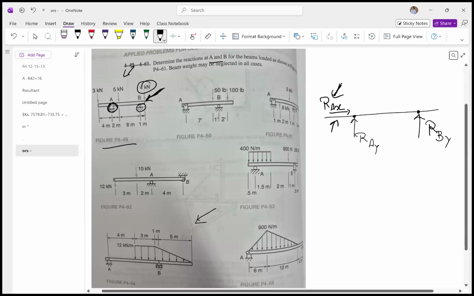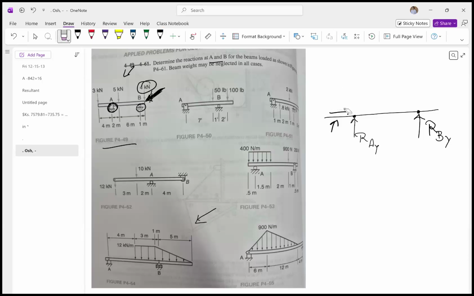If you see in the solution book, there is no Rx because there is no inclined load, nothing acting in the horizontal direction, everything is acting in the vertical direction.